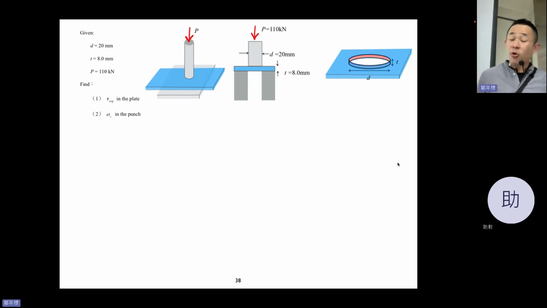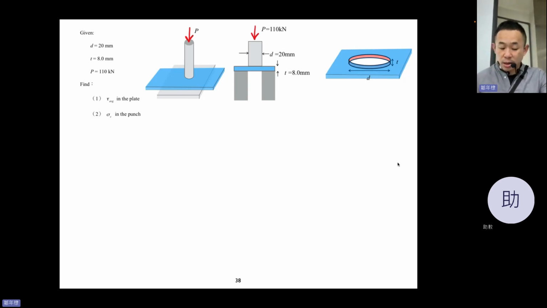The force will penetrate the blue plate and cut through it as a hole, right? So you can form a hole on the blue plate, and after it forms the hole, what is the tau average in the plate?